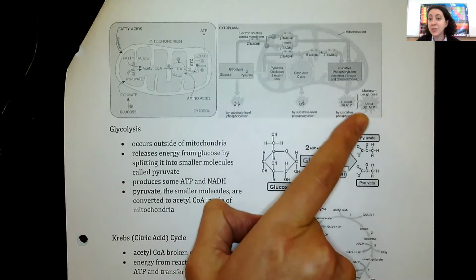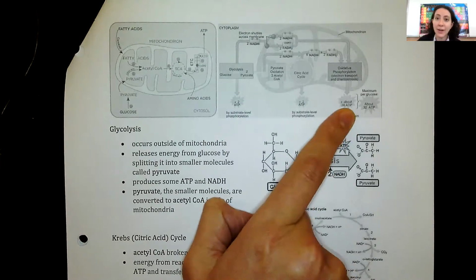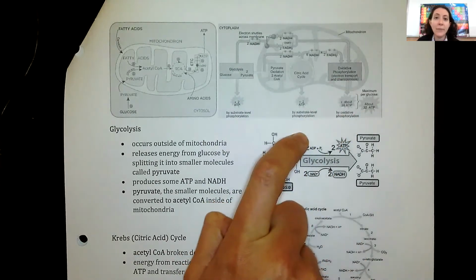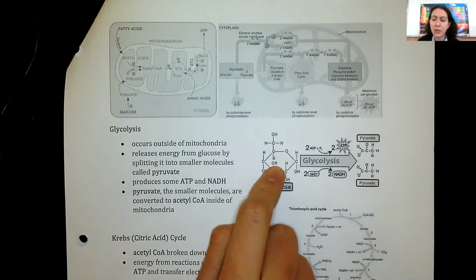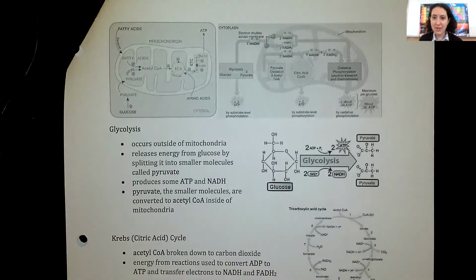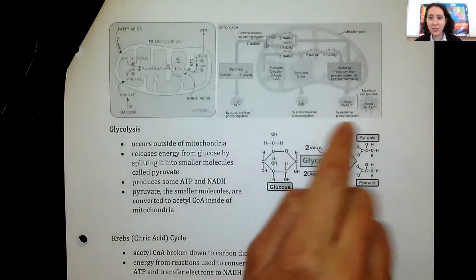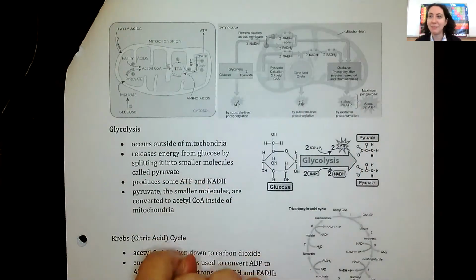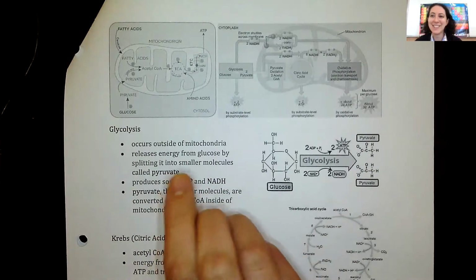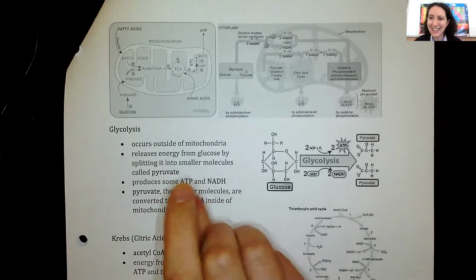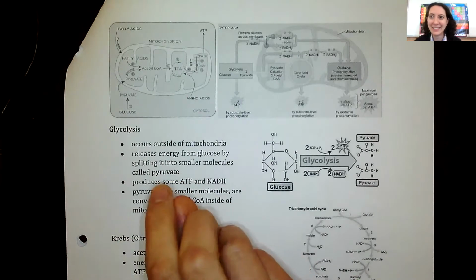So of the 32 ATP generated from this process, and I believe that it's coming from one molecule of glucose, one molecule of glucose equals 32 ATP, which is crazy. What that means is that all of that energy indirectly came from the sun. It all indirectly came from photosynthesis. So pretty crazy, at least for us.